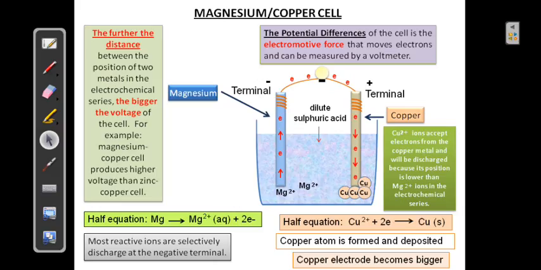It is the potential difference. In an electrolytic cell, you need electricity to pass through the electrodes to move the electrons. But in the Voltaic cell, it is the opposite. It is the potential difference that acts as the electromotive force that moves the electrons. Alright, you can see the difference now.